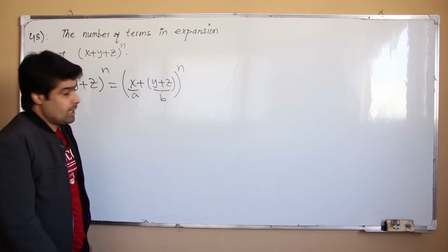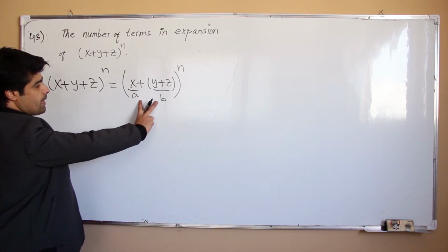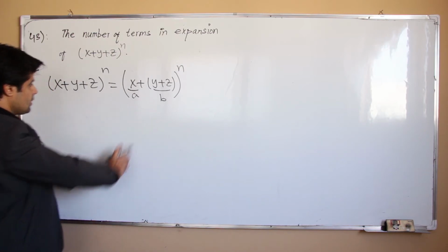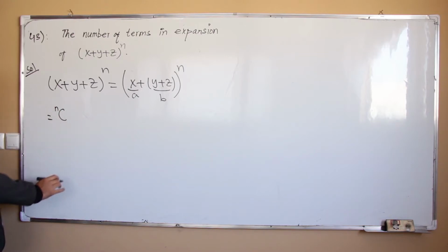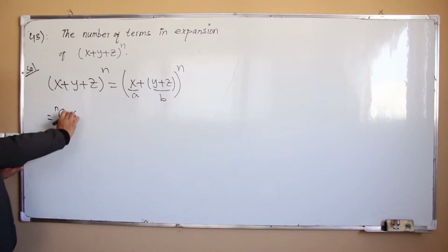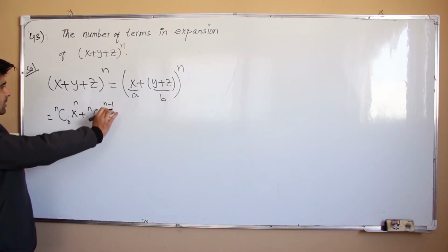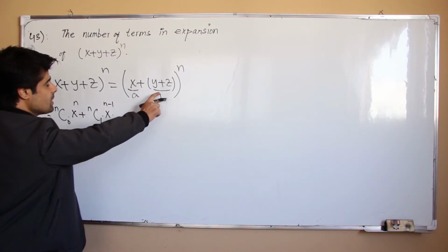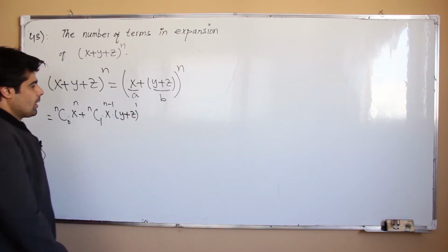Am I right? Yes. Now, if you want to know the expansion for this expression, it is nC0 x to the power n, plus nC1 x to the power n minus 1 times (y + z) raised to the power 1.